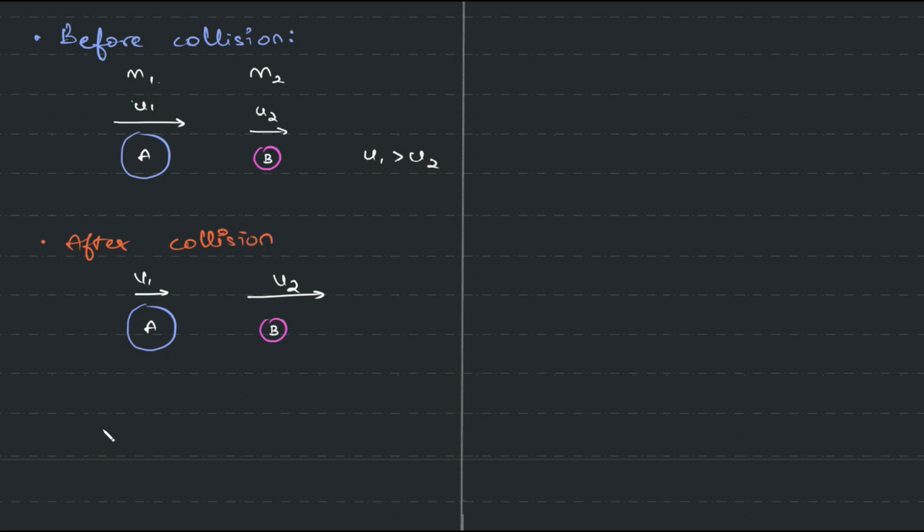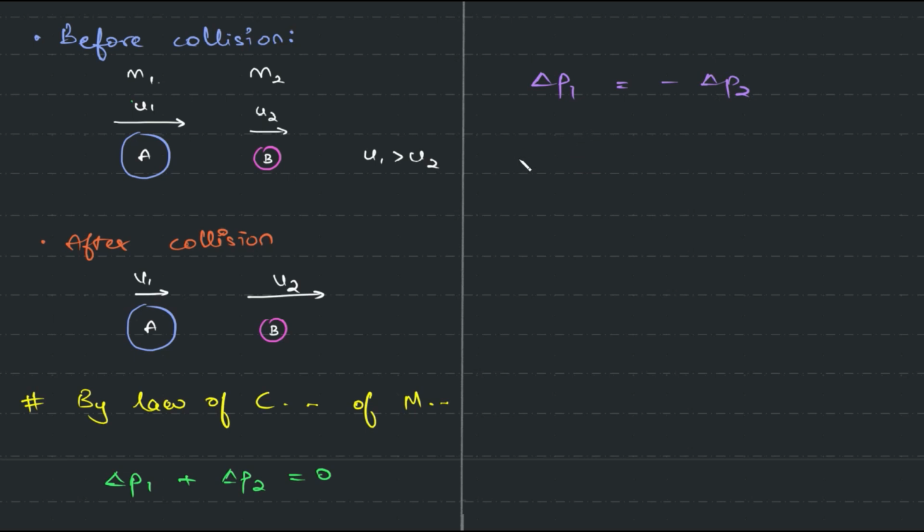Now, we know that by the law of conservation of momentum, what do we know? We know that delta P1 plus delta P2 should be equal to 0. If I rearrange this a bit, delta P1 should be equal to minus delta P2.